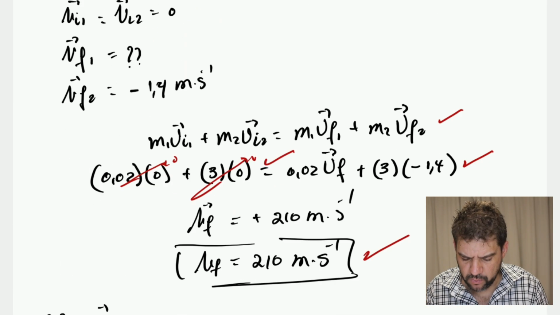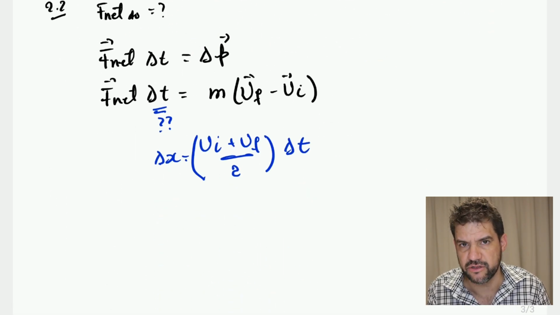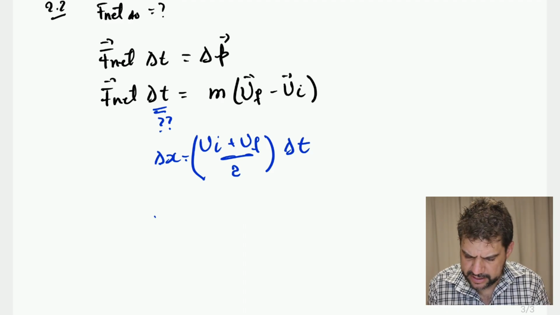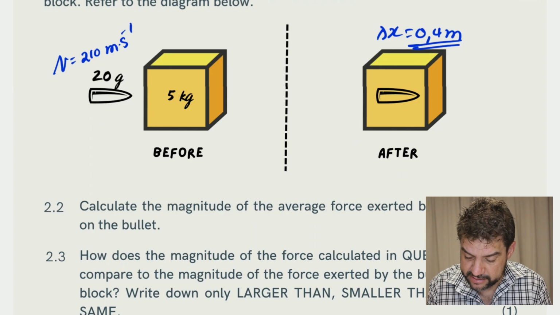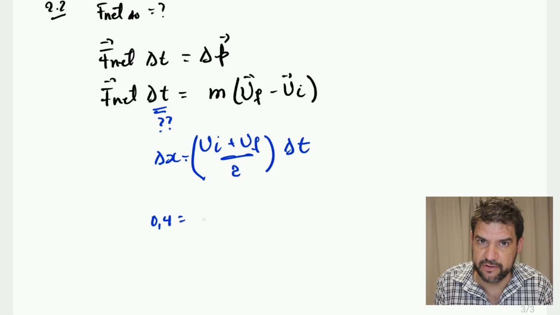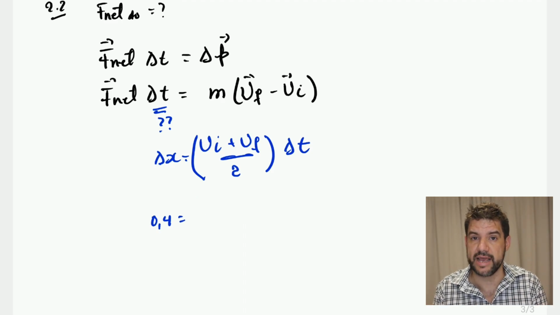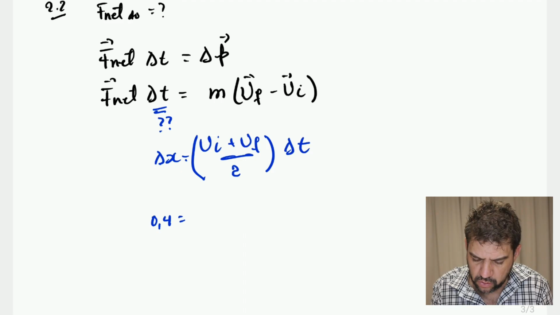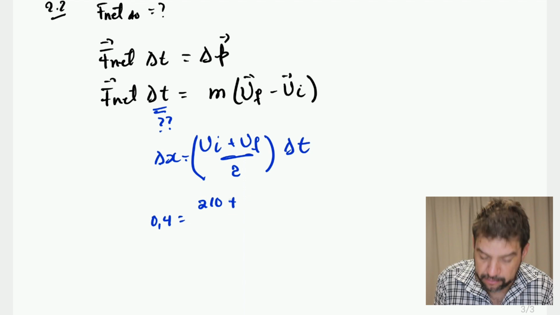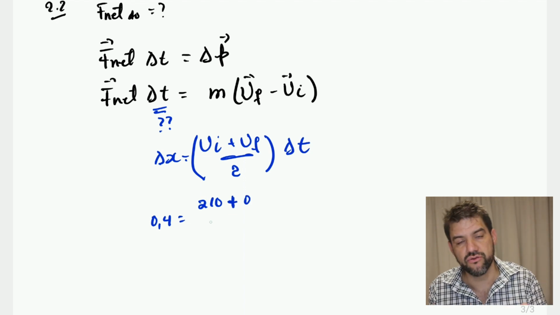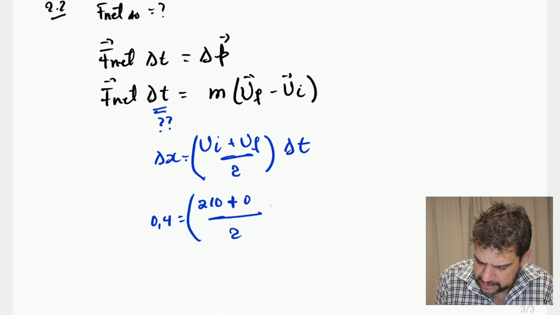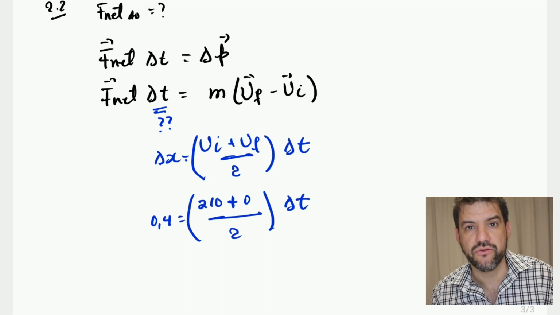So we come in here, we have the formula, and we can substitute because we do have everything. So it's 0.4 equal to the initial velocity, that is the velocity of the bullet before striking the wooden block, which was 210, plus the final velocity of the bullet, which is 0 because it's going to stop in the block, divided by 2, everything multiplied by the time, which is what I'm going to calculate.